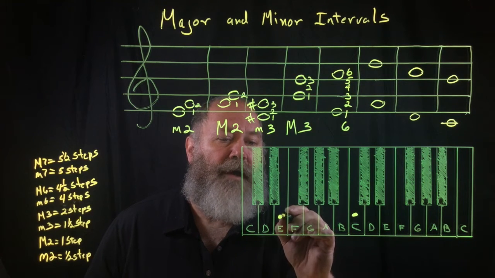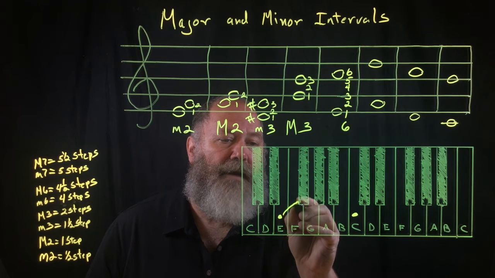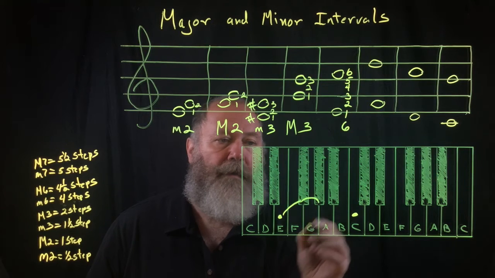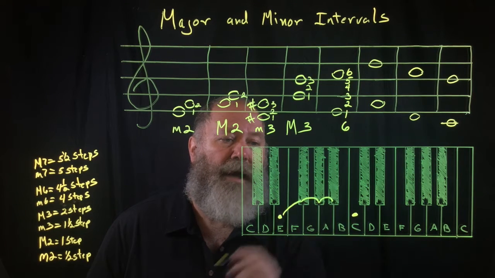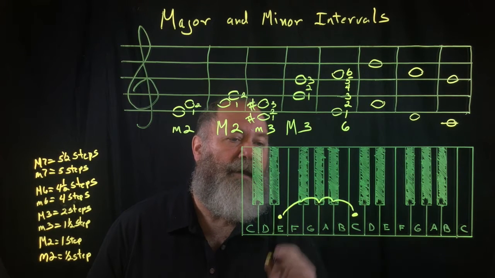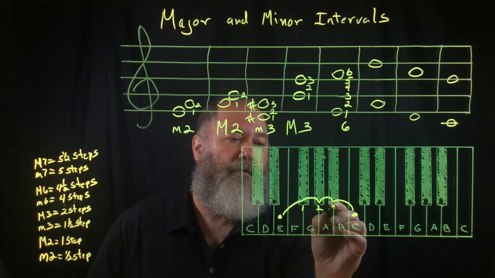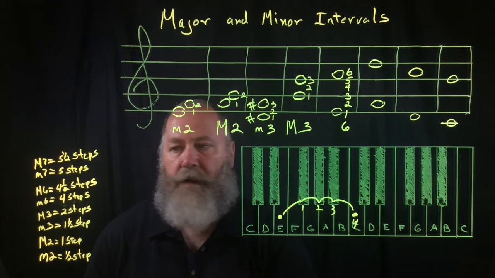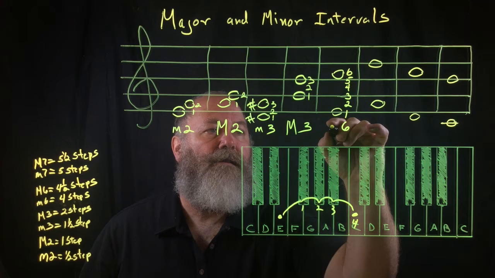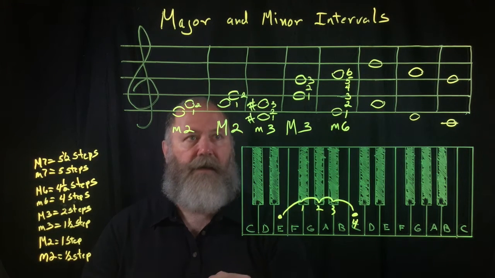From E, to get a whole step, we skip to the F sharp. From F sharp to G sharp is a whole step. From G sharp to A sharp is a whole step. From A sharp to C is another whole step. So 1, 2, 3, 4 whole steps. So 4 steps is a minor sixth, so lowercase m6.